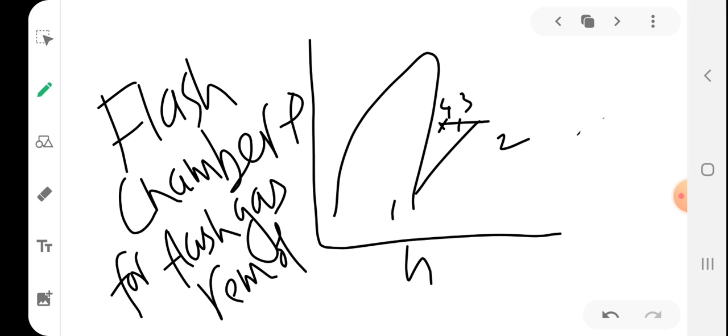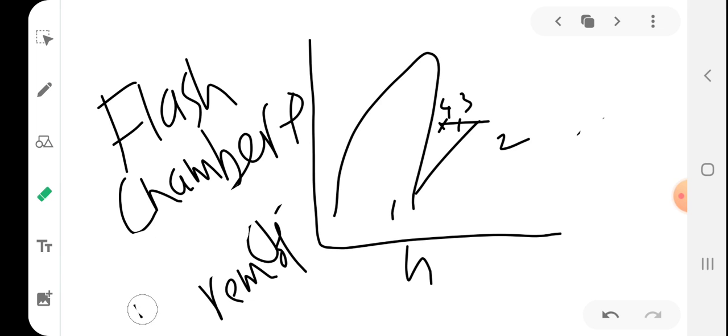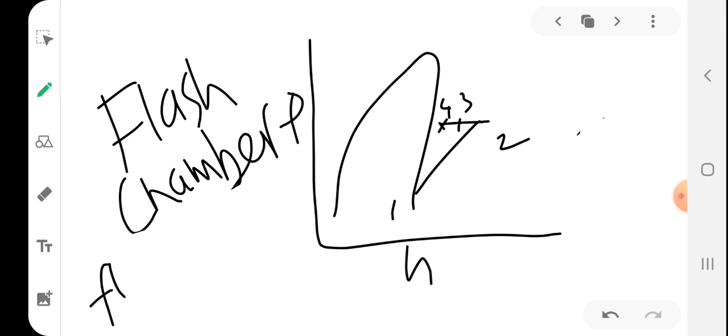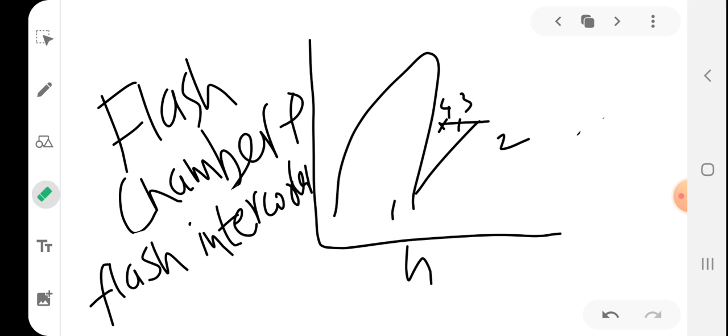But in case of a flash chamber used as a flash intercooler, what will be the difference? The point 4 will be on the saturated vapor line itself.